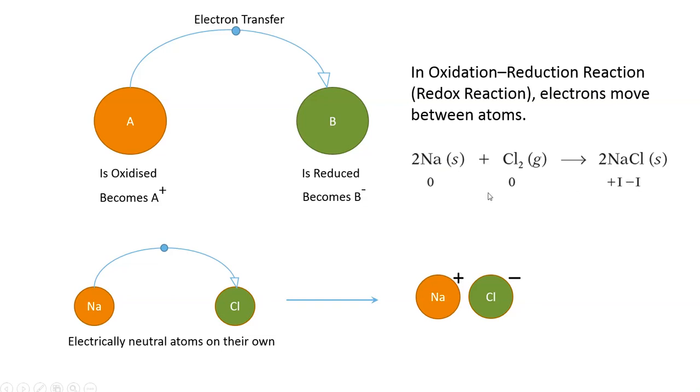So, these numbers are called oxidation states or oxidation numbers. Here, in this example, oxidation state of sodium is +1 in sodium chloride, and oxidation state of chlorine is -1 in sodium chloride.